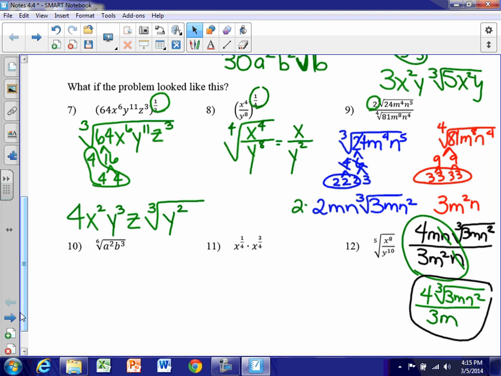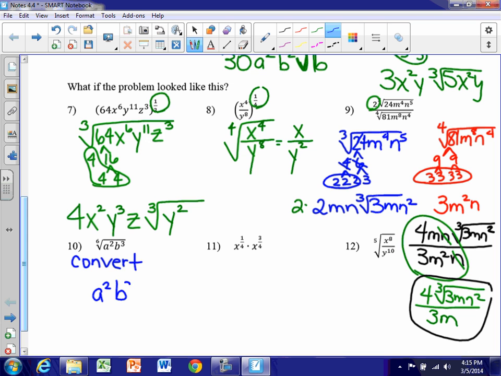All right, in number 10, the way it's written, it's looking for 6 of a kind, and we don't have 6 of anything. So actually you're done, unless I ask you to convert, and then that would be something we learned earlier. That means you would raise what's underneath, in this case to the 1/6.